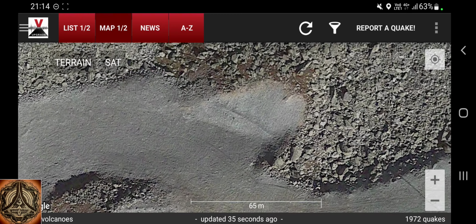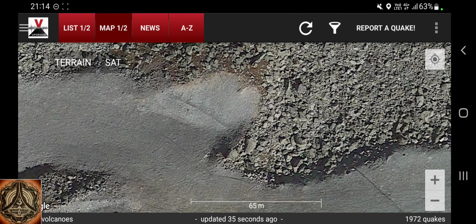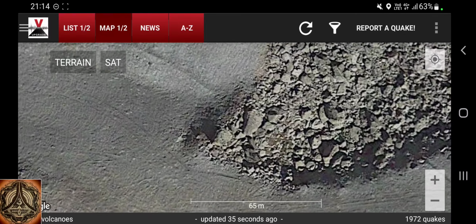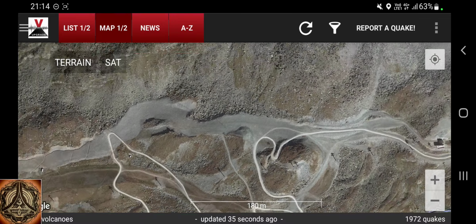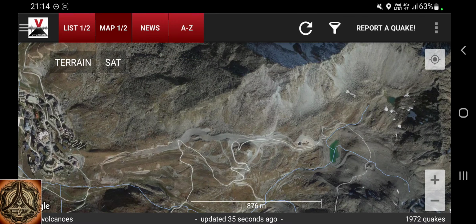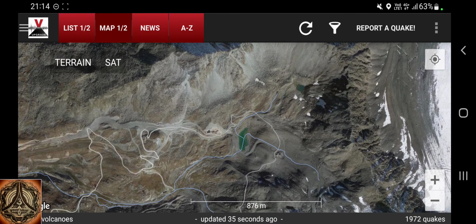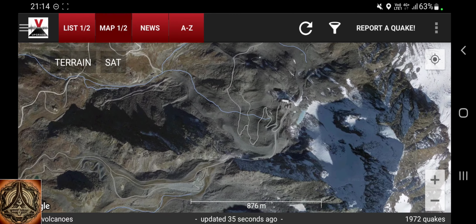A little bit hard to grasp what's going on here exactly. But anyway, we have some kind of debris flow. Maybe an ancient one, or maybe not that ancient after all.